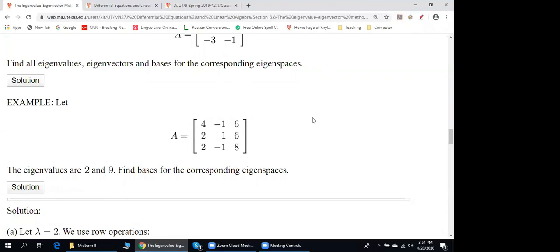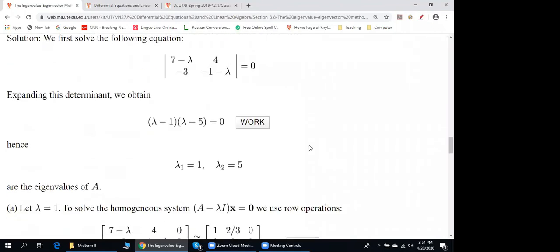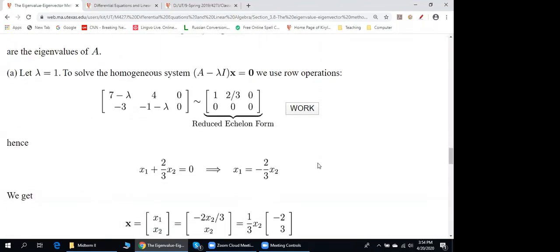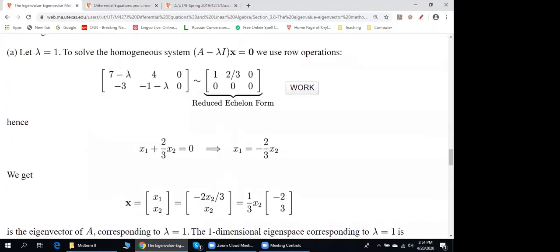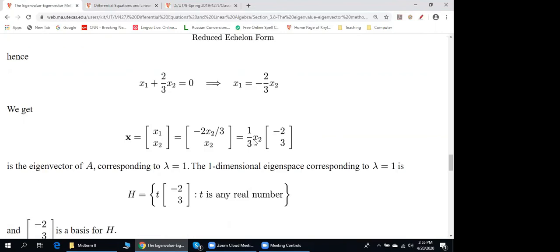Thank you. Other questions? Can we go back to the -2, 3 eigenvector example? I think your question is about this example, right? Yeah, so I see that we factored out the 1/3 and the x2. Can you explain why we don't need to worry about the 1/3? Very good question. This is because x2 is any non-zero number.